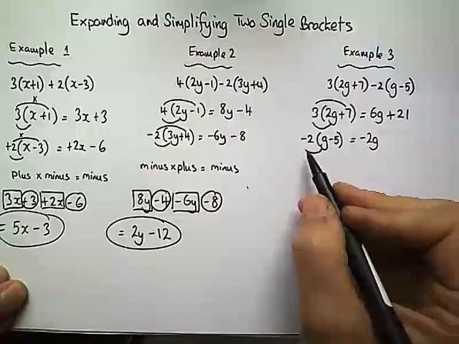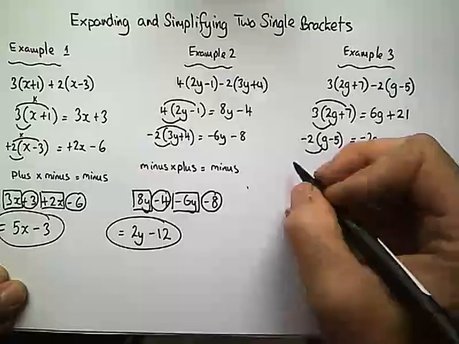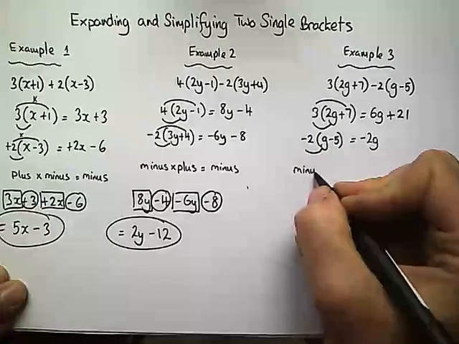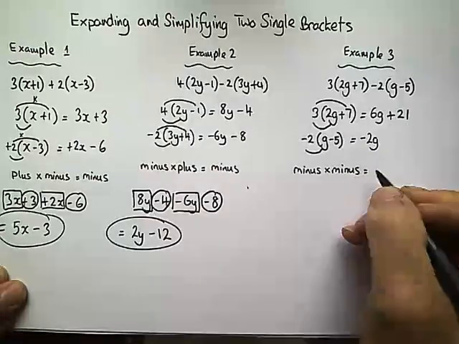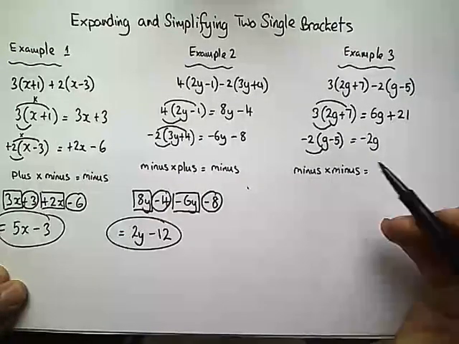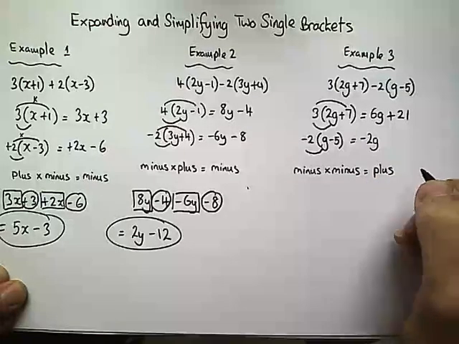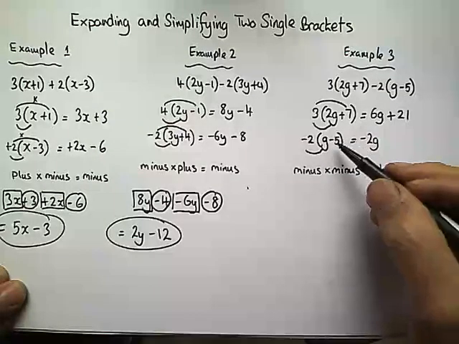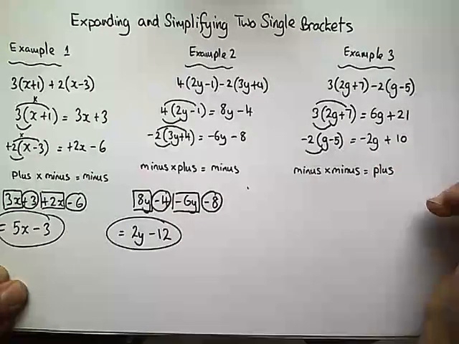But a minus times a minus is different to the two we've seen before. If we multiply a negative by a negative, we get a positive. So it's going to be plus, 2 times 5, it's going to be plus 10.